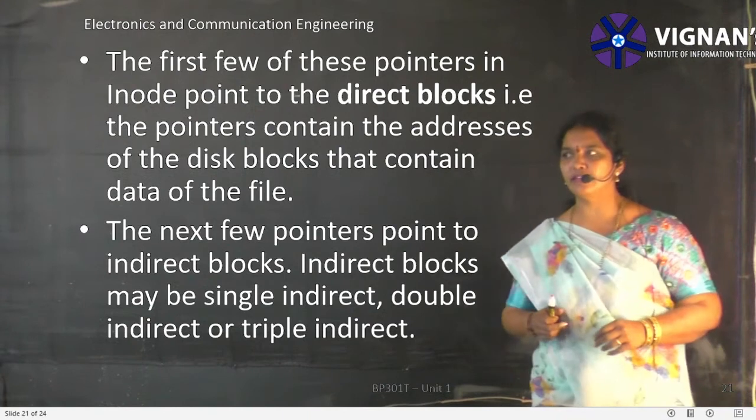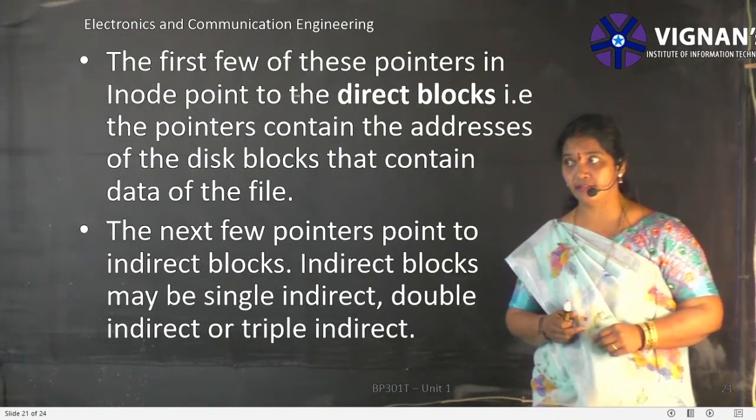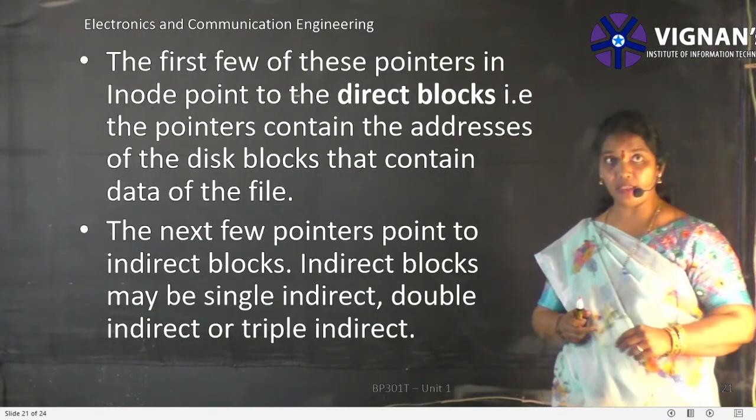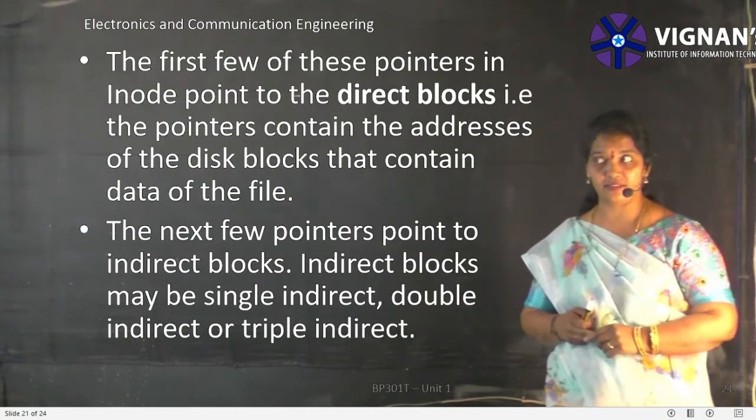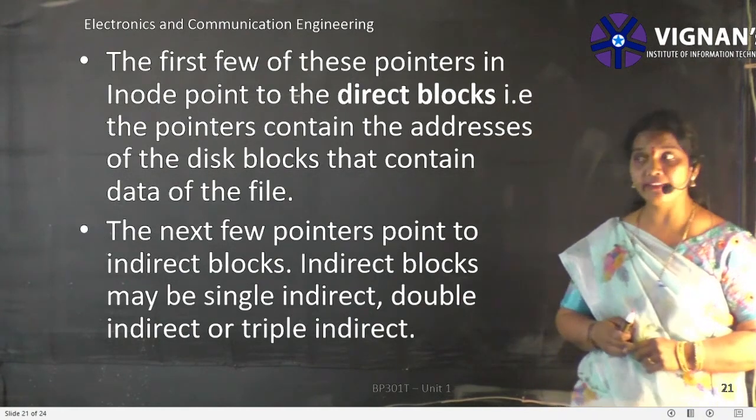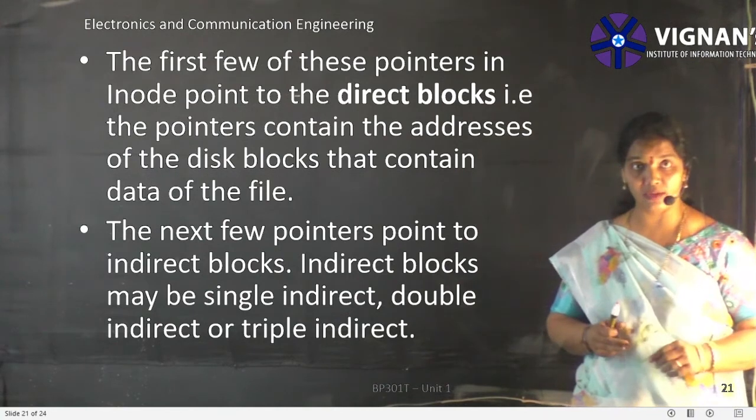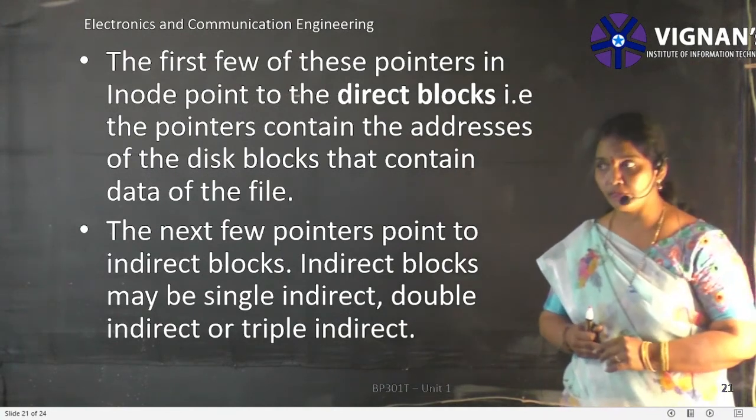The first few of these pointers in the inode point to the direct blocks. That is, the pointers contain the addresses of the disk blocks that contain the data of the file.